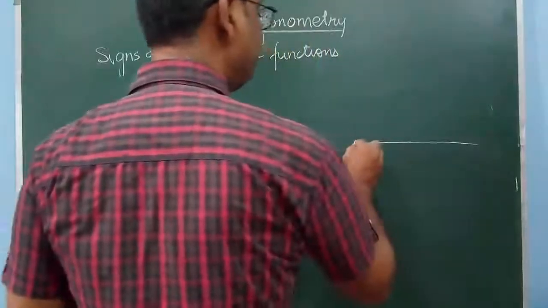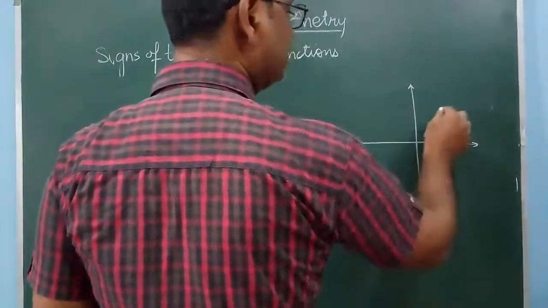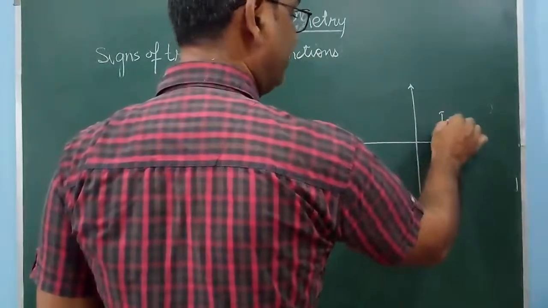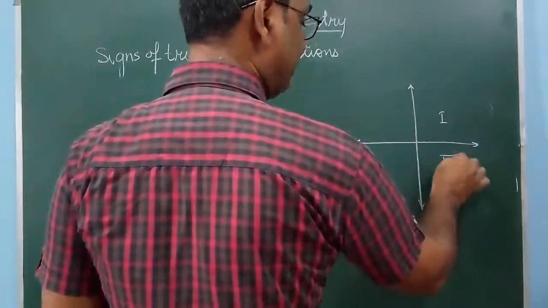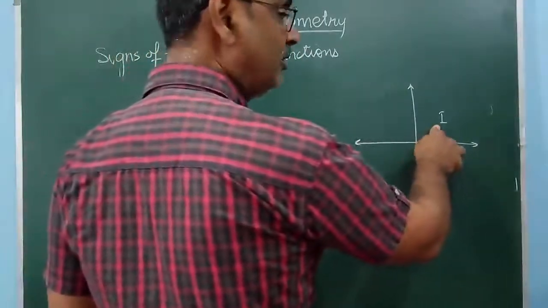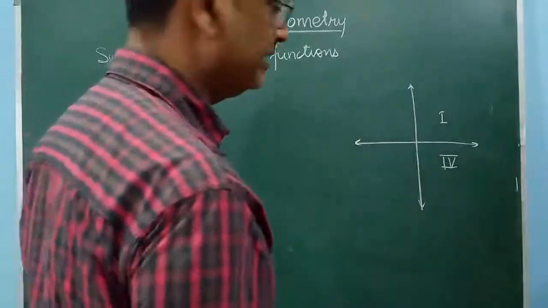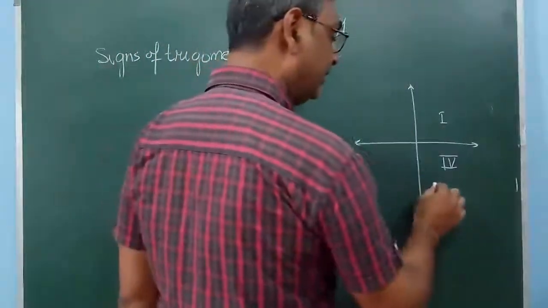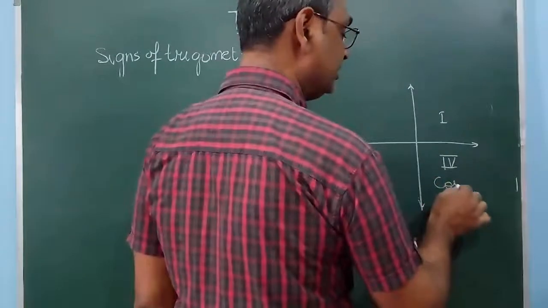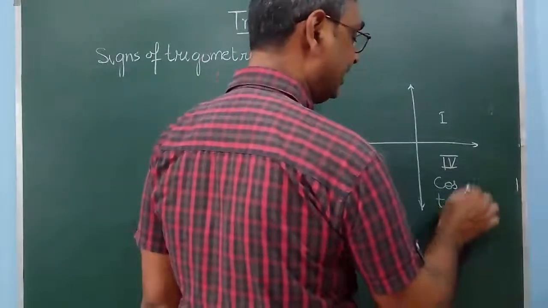Cos is positive in two quadrants, the first quadrant and the fourth quadrant. But in the first quadrant tan is also positive, because all trigonometric functions are positive in the first quadrant. Here cos is positive in the fourth quadrant, but tan is negative.